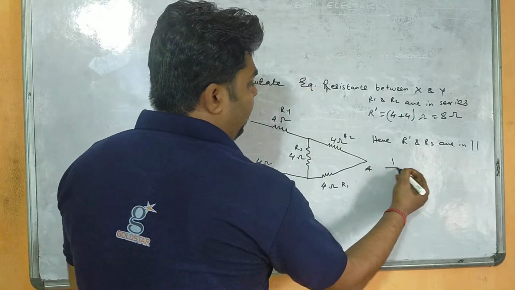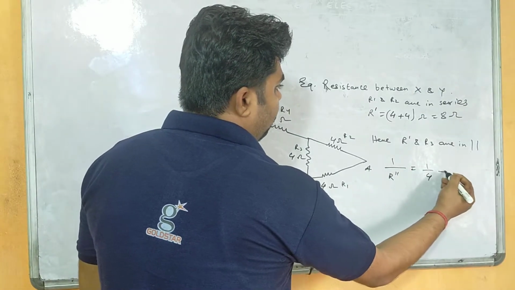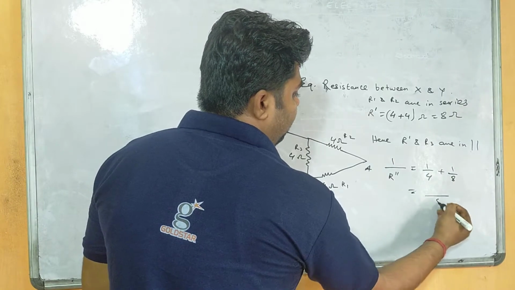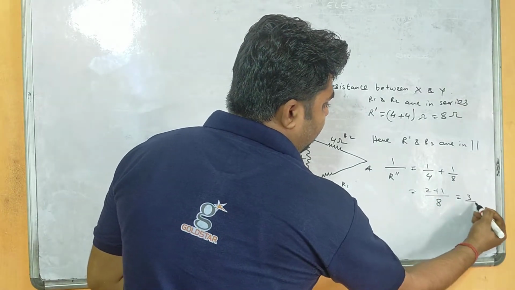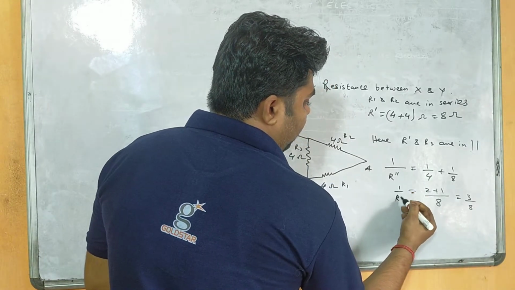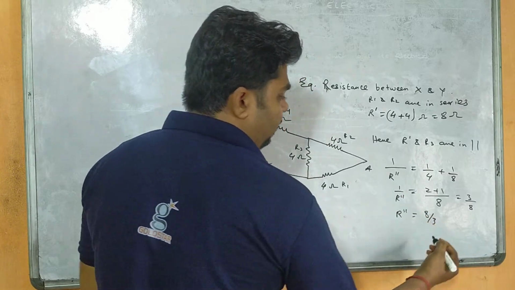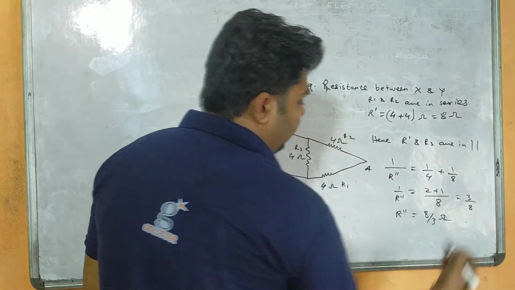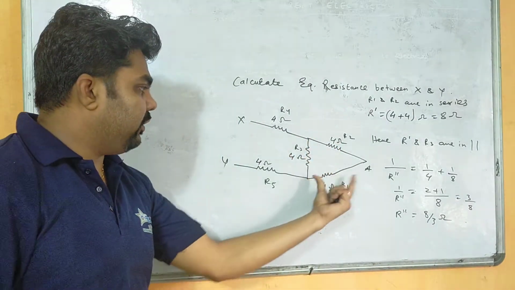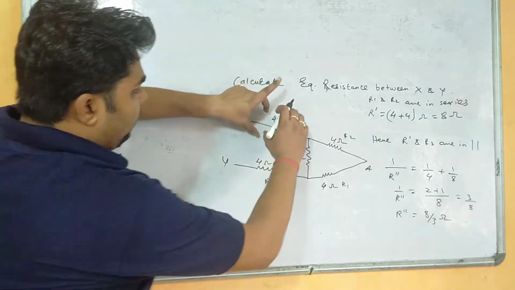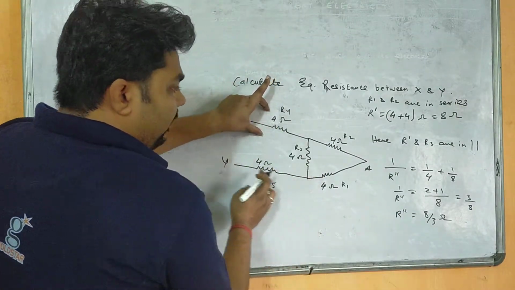Now R dash and R3 are in parallel. So R double dash: 1 by R double dash equals 1 by 4 plus 1 by 8. We know the LCM is 8, that is 2 plus 1, that is 3 by 8. That is 1 by R double dash, so R double dash will be 8 by 3 if you take the reciprocal. Let us keep it here only: R double dash is 8 by 3. Now R4, R5 and R double dash are in series.